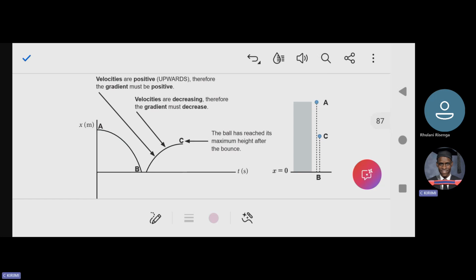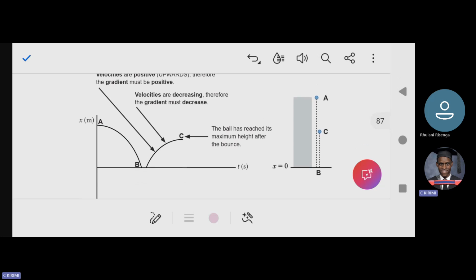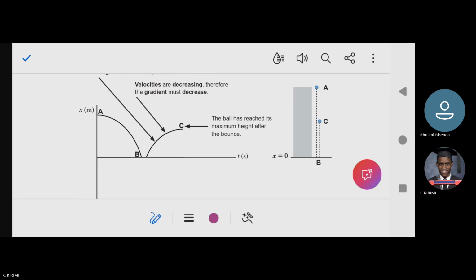You drop the ball, it reaches the ground, and then the ball was in contact with the ground for some time. That's why it's like this. When the ball left the ground, it reached this maximum height, the maximum height after the first bounce.